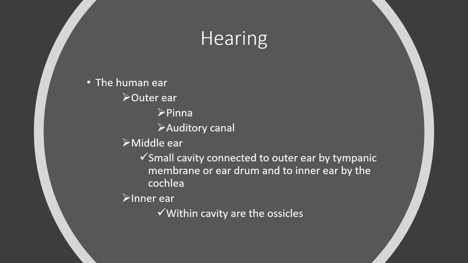So this is the bone which is inside the ear. Sound waves pass along the auditory canal and vibrate the eardrum, which in turn vibrates the ossicles, which transmit the vibration to the cochlea and so into the inner part of the ear.